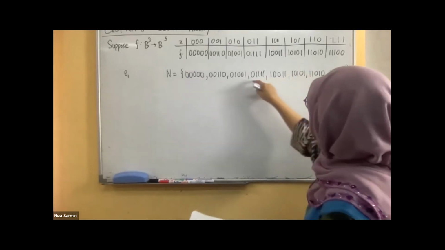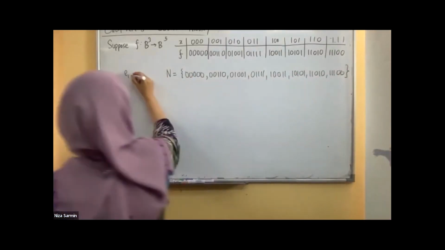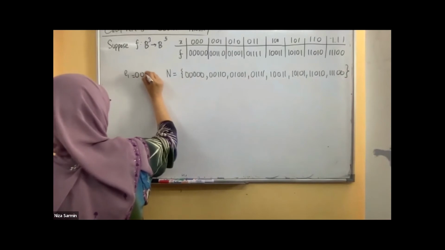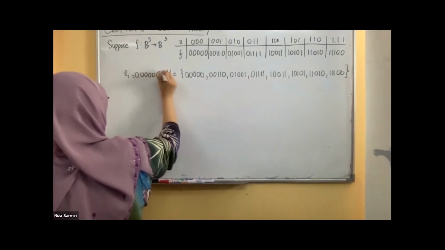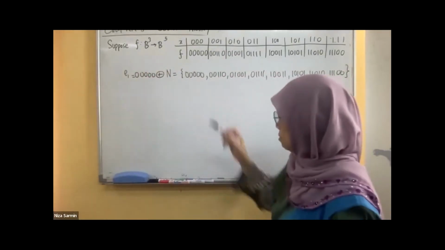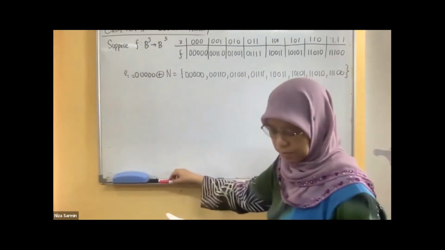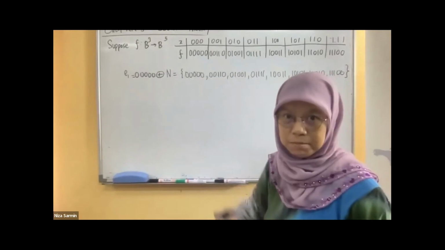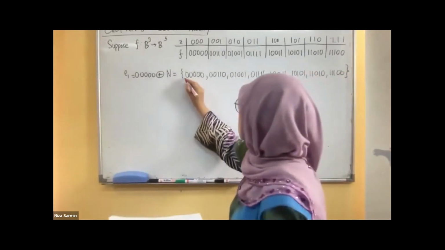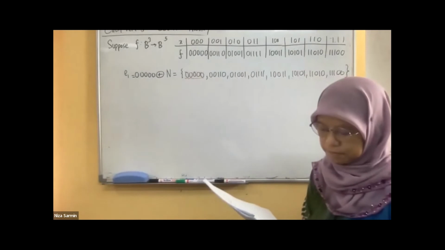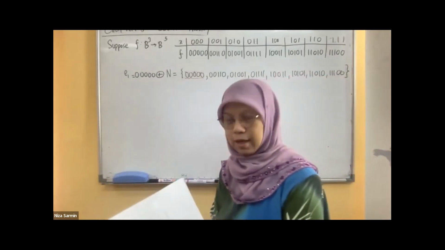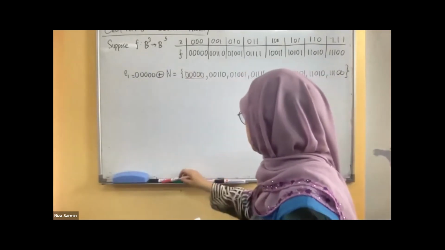One, two, three, 4, 5, 6, 7, 8. This element has the least weight. It becomes the leader of the coset.